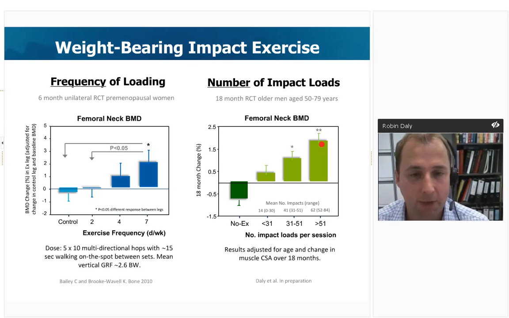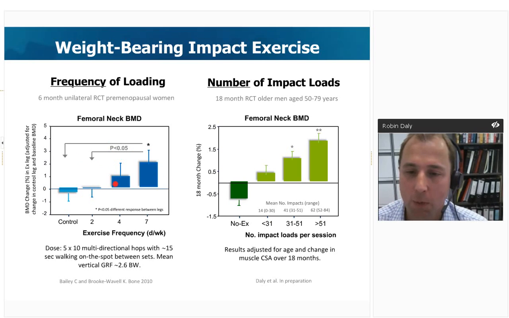And this other study shown in the blue bars basically looked at how often do you need to do jumping. And so they had this group of women jump on one leg, which is a bit of a strange program, but one leg served as the exercise leg, the non-exercise leg was the non-jumping leg. So one group jumped 7 days per week, one group jumped 4 days per week, one 2 days, and one did nothing.